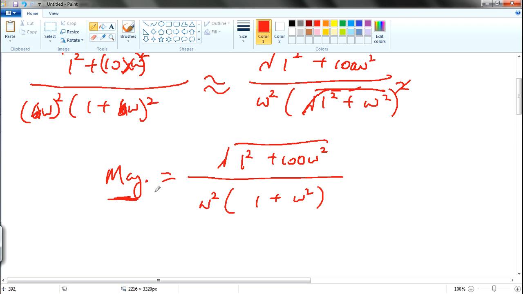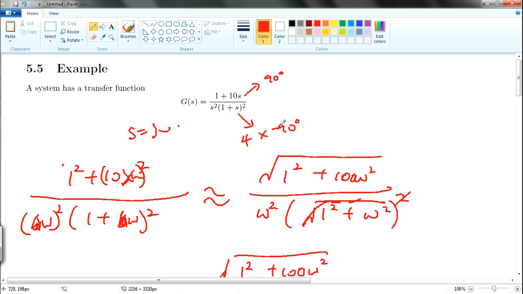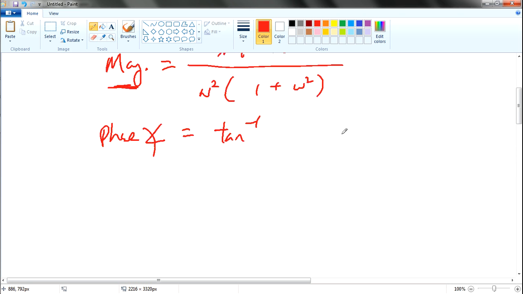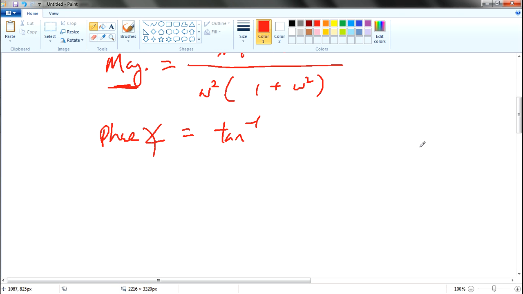And then if you remember, our phase angle is equal to 90 degrees. How do I get 90 degrees? If you remember, this is the tangent. Typically don't write 90 degrees. You know the 90 degrees when you want to know how the plot will look. But if you want to calculate for individual omega, later you'll know why I have to do that.